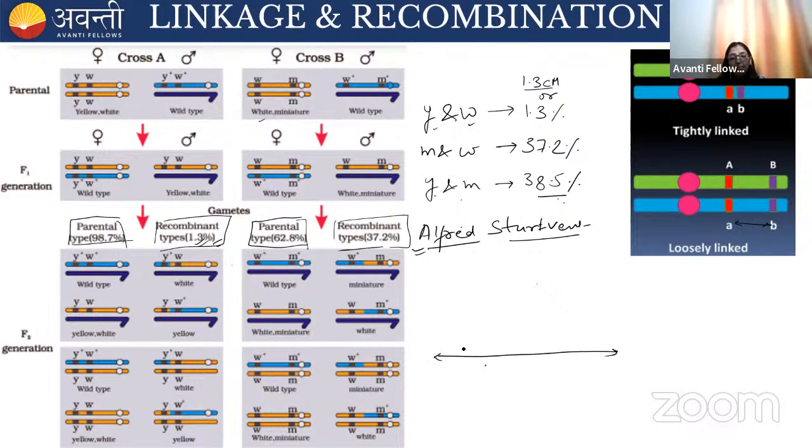Now we can map the genes on the chromosome. First, we'll go with the cross which has the highest recombination frequency, that is 38.5%. So the distance between the body color and the wing is 38.5%.